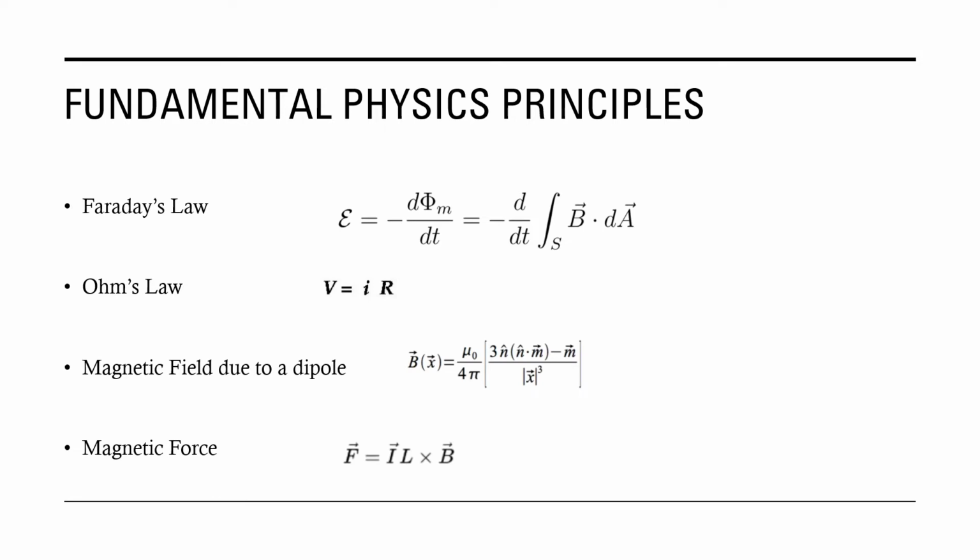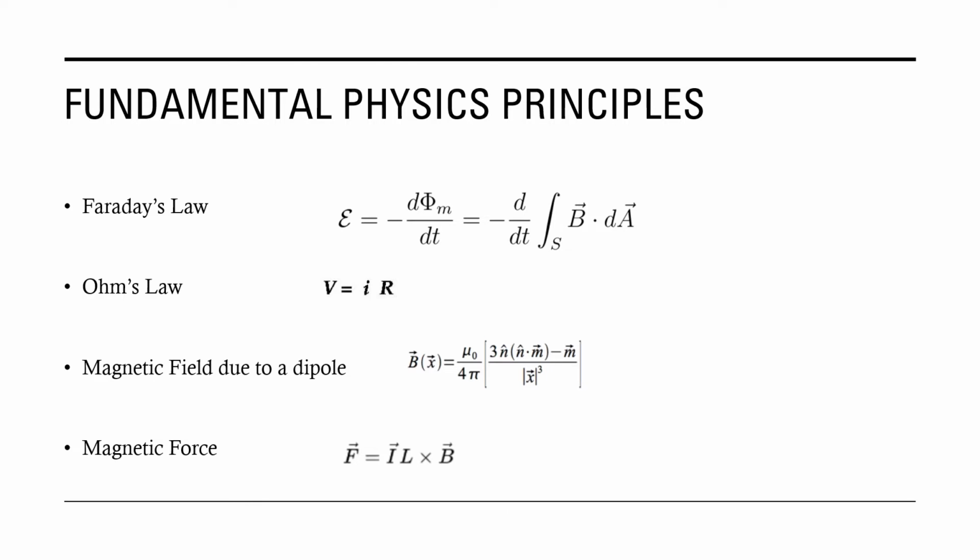The fundamental physics principle involved is obviously Faraday's law, which states that the induced electric voltage can be calculated from the magnetic field times the cross-sectional area, which is flux. If you take that derivative over time, then you can get the voltage.